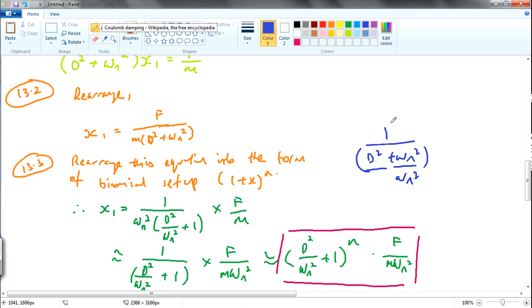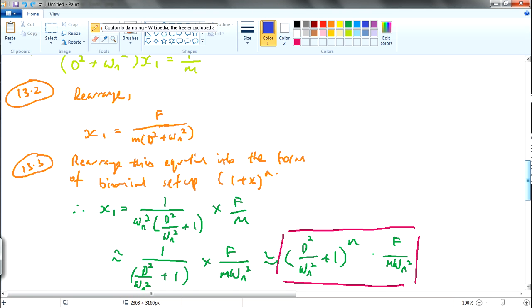If you divide the whole thing by omega n squared, you get this one. So this portion is just 1 over D² plus omega n squared, that's all.